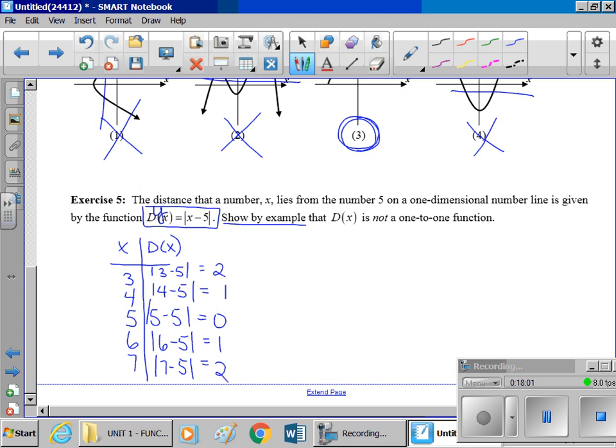So as I can see here, my x values are not repeating. So that's kind of showing me that this is a function. But because the y values are repeating here, this is showing me that it is not one-to-one.